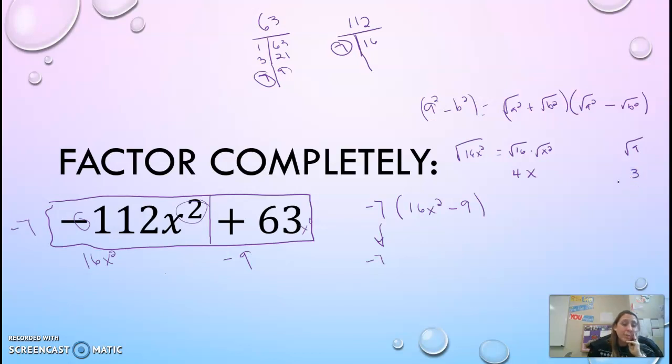One thing that you need to remember, if you're looking at variables, let's say we have x to the 12th, and we want to know if that is a perfect square: any variable with an exponent or a power that is even is a perfect square.